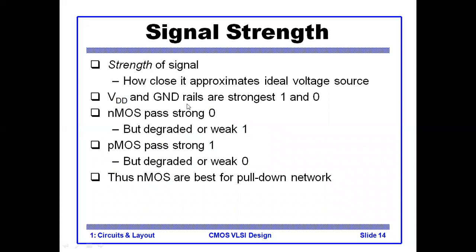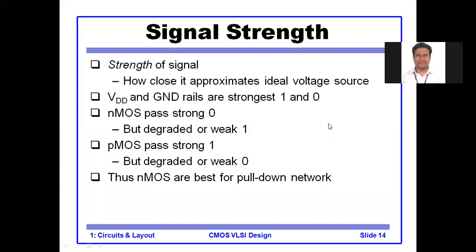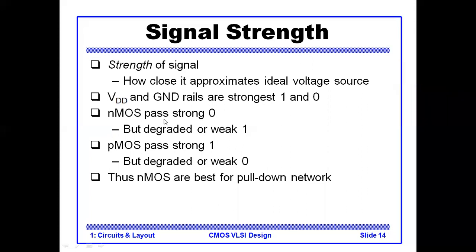So this is also a limitation of pass transistors. If you use NMOS and PMOS individually to implement any CMOS logic circuit, always keep in mind that NMOS passes a strong 0 but a degraded or weak 1, while PMOS passes a strong 1 but a degraded, weak 0.